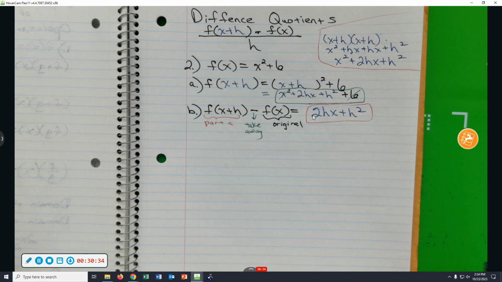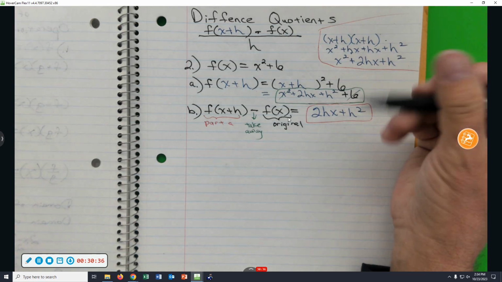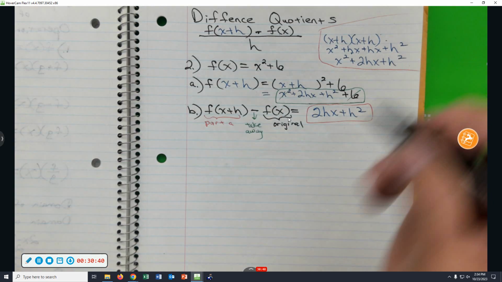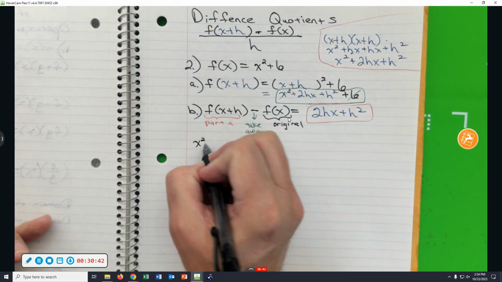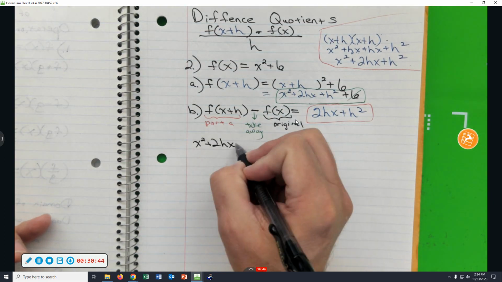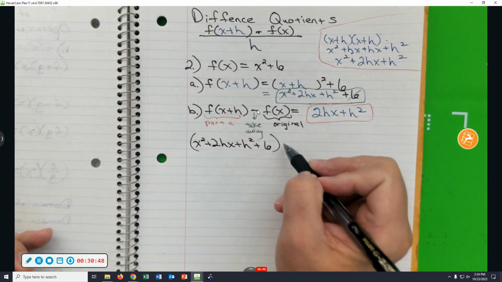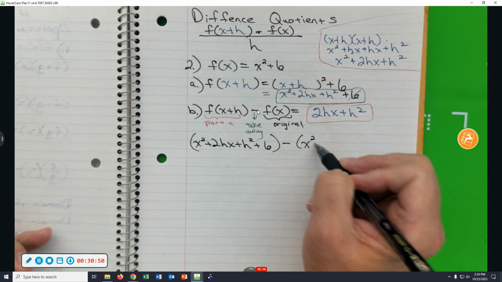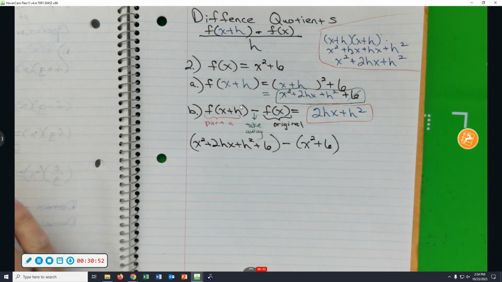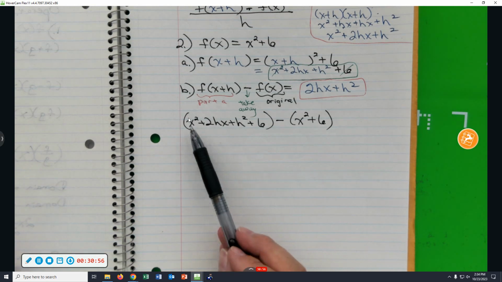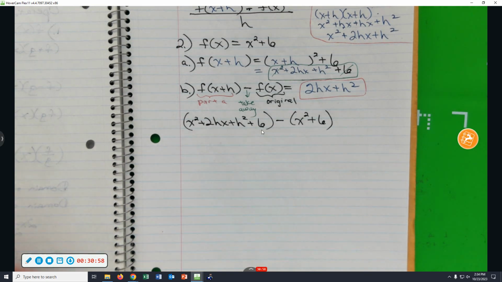I guess, no, I just need what you did here, marking out, write it right there. Copy x squared plus 2hx plus h squared plus 6. I'm subtracting the x squared plus 6. This is what we're trying to get away from doing. I have to show this. x squared minus x squared.